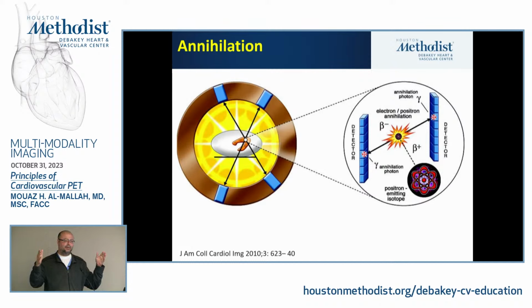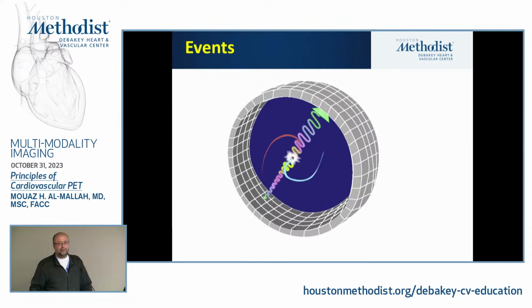To be able to account for them, one of the ways that physicists account for them is that you have to have 2 photons hitting at 180 degrees in the full ring. So you're not rotating the patient, you're not rotating the detector, you're just detecting 2 photons that are at 180 degrees. This is exactly how it would look.